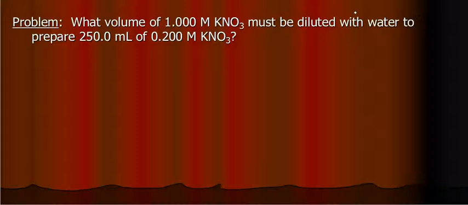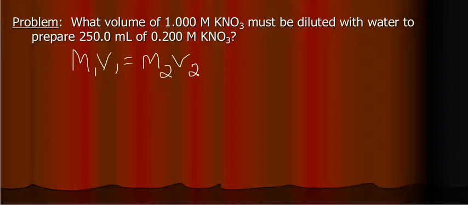So what is the volume of 1 molar KNO3 that you have to dilute in order to prepare 0.2 molar KNO3? Well, it's the same substance, I'm simply diluting it. So M1V1 equals M2V2. My initial concentration is 1 molar. I want to know what volume I need of that.